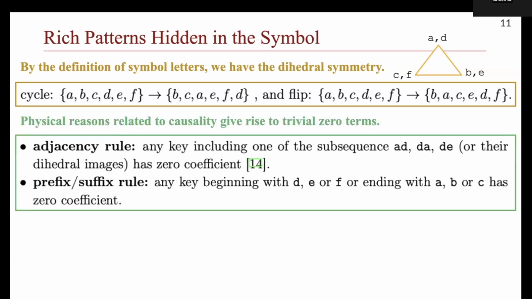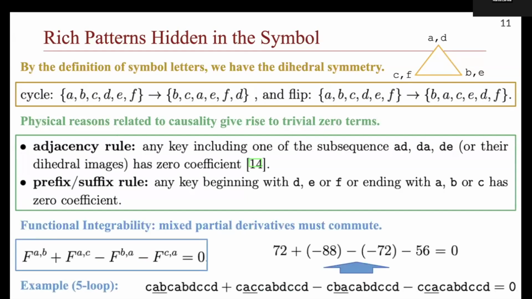And there are also some rules that you already discovered in slide 1, the prefix and suffix rules, and also some very simple adjacency rules, which say you can't have an A next to a B and also D next to an E in the actual symbols. So whenever you encounter a word that has A and B next to each other, the word will have a 0 coefficient.